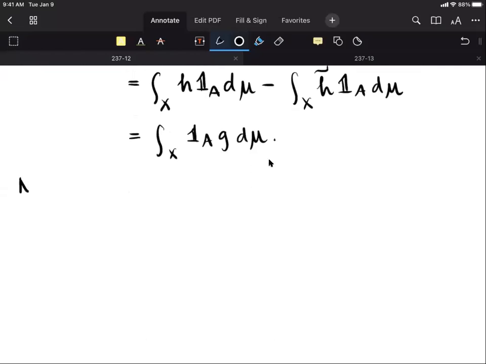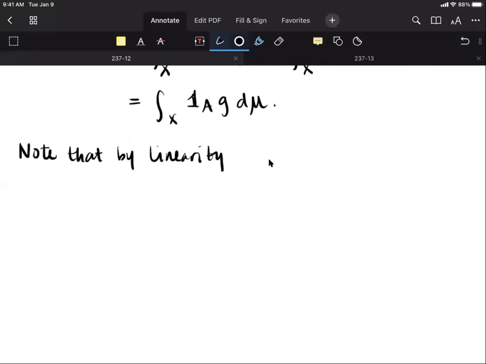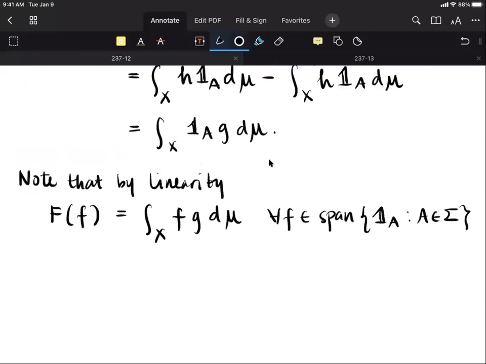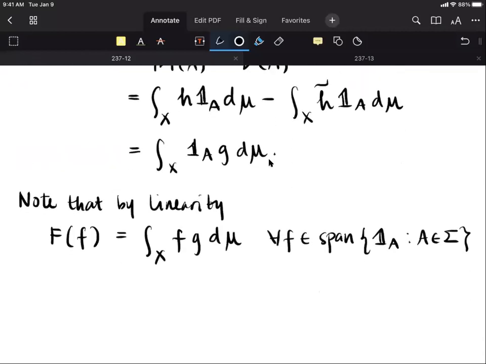Now, we would like to note that by linearity, this implies that f is the same as this for all f in the span of the characteristic functions. Okay, so you just apply the linearity of f and the linearity of the integral.